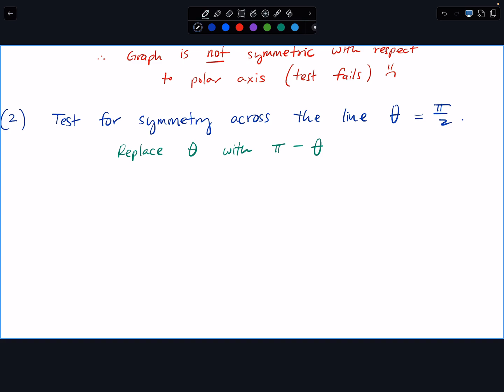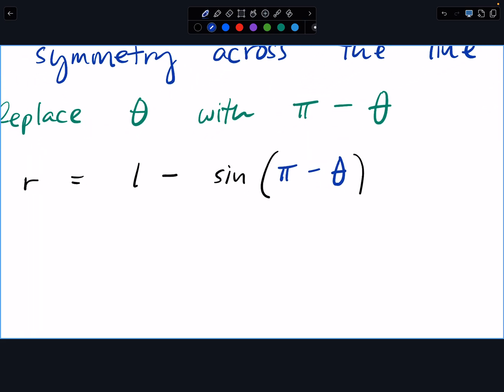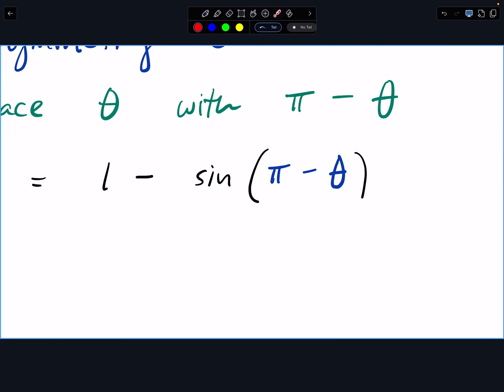So this becomes r equals 1 minus the sine of, instead of theta, pi minus theta. Hey guys, don't we have a formula for this? Sine of alpha minus beta is sine alpha cosine beta minus sine beta cosine alpha.